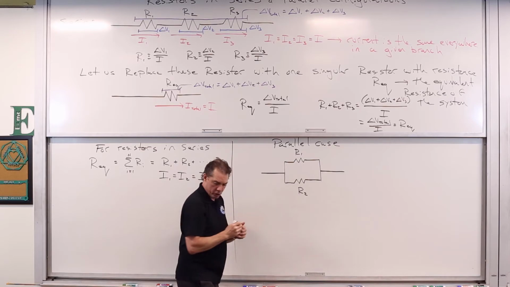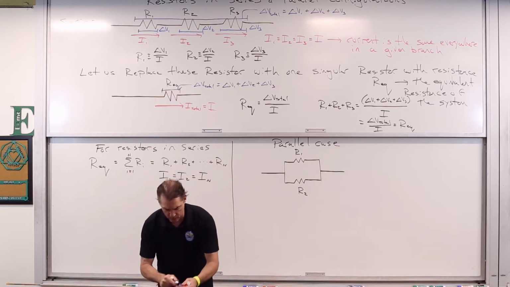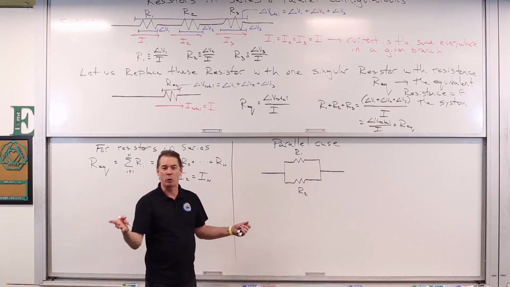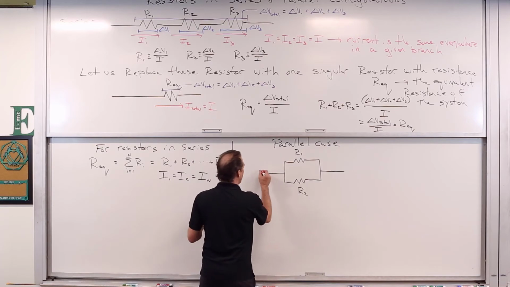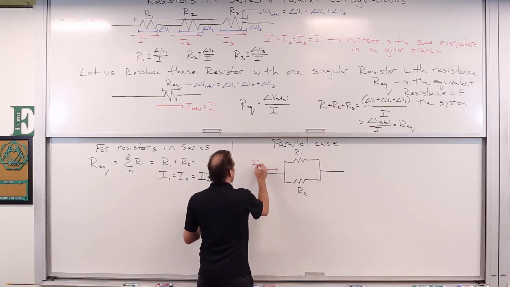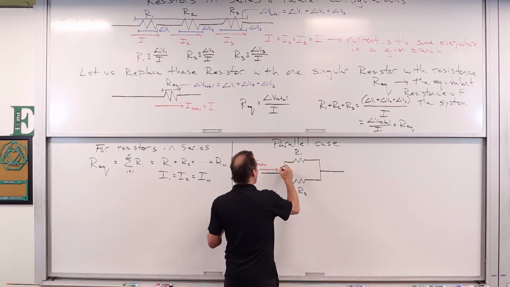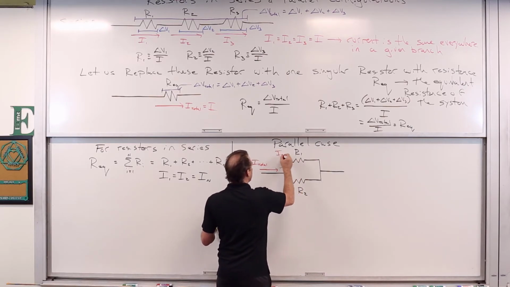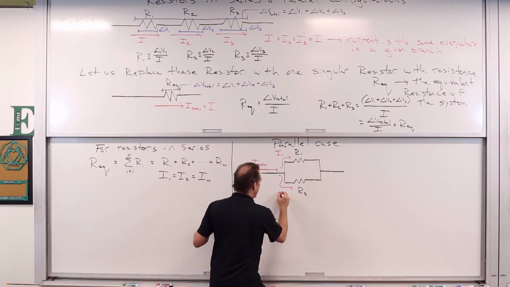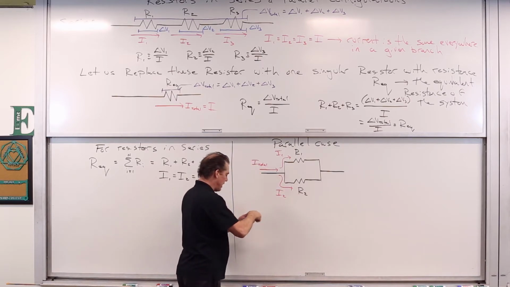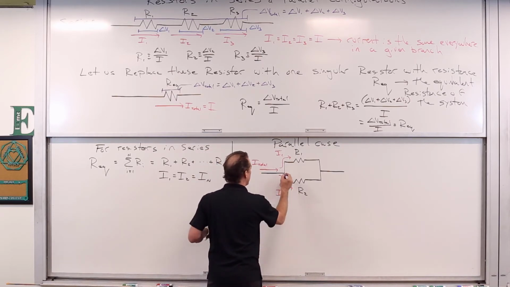This would be an R2. If we drew in some current, we're assuming this is connected to some source potential, we would have some I total coming in. Then what happens? We've got, it splits up because there is a junction right here.